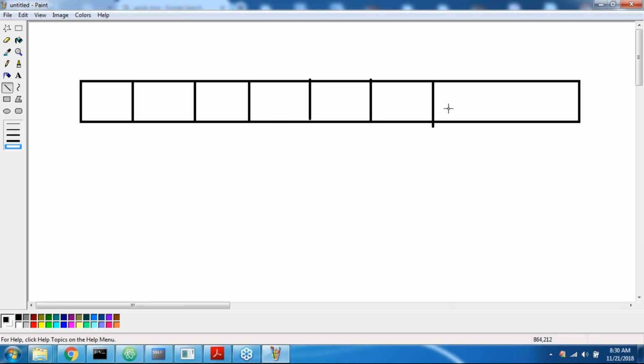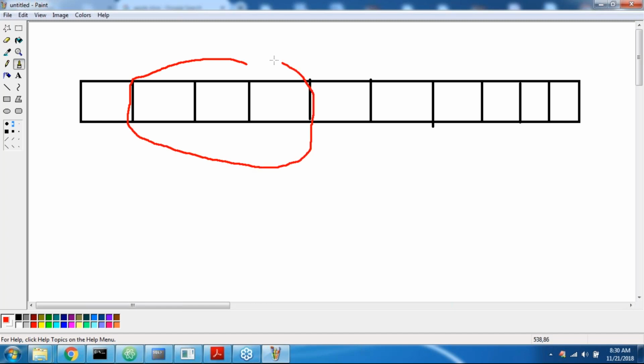Something like 4th index to 7th index, or 10th index to 12th index, like a sequence. I want only this slice. This is a part, a piece present in the given string. If you want to get it, then for that purpose we should go for the slice operator.